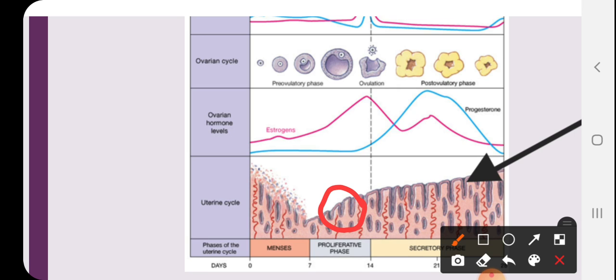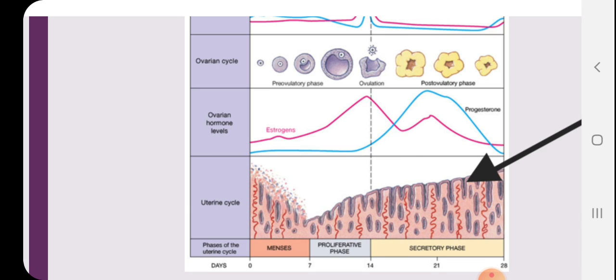Proliferation of new follicles is under the influence of GnRH, which stimulates FSH. Here you can see the levels of hormones increasing. In the proliferative phase, estrogen is increasing and progesterone is very low. Endometrial thickness gradually increases and reaches up to 3 to 5 millimeters.